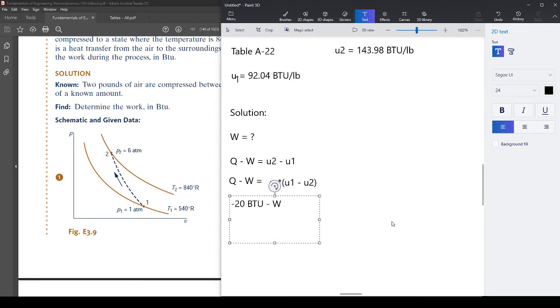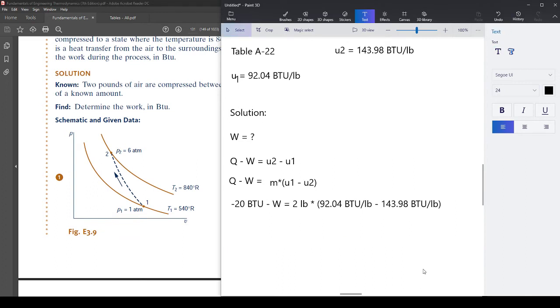So W is a variable, and this is equal to, let's go ahead and drag this out, 2 pounds times U1, which was 92.04 BTUs per pound, minus 143.98 BTUs per pound, right?